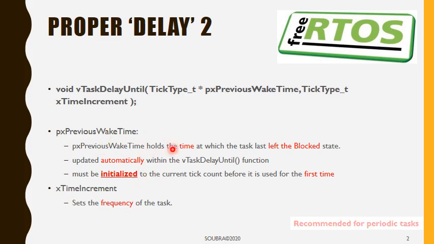So now we have a time reference and we know when we need to go back and run again, and we need to have the total time that we need to spend outside the running state, being blocked, and any probable time that you'll be spending in the ready state, or extra time that you might be blocked, not active. So this sets the frequency of the tasks.